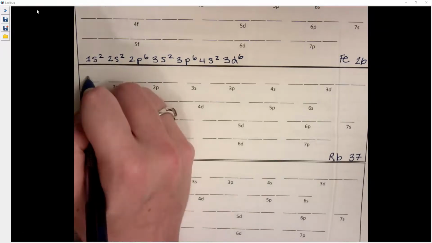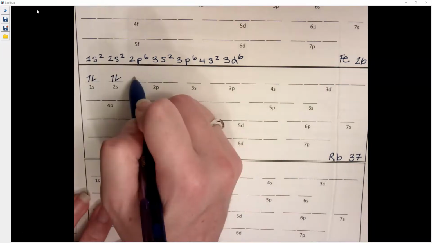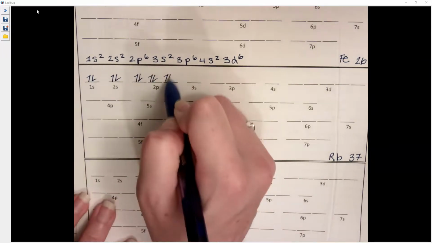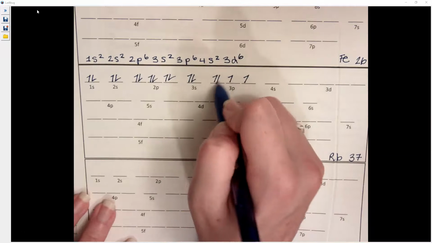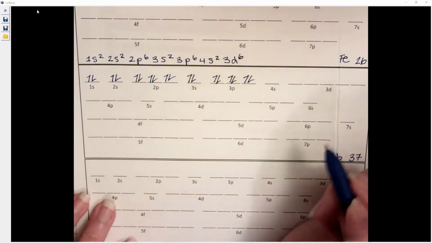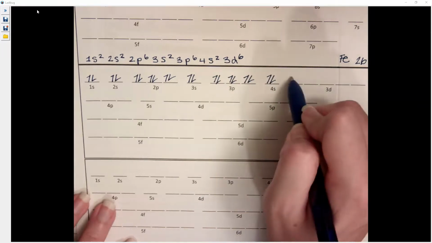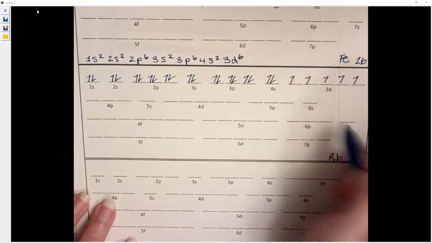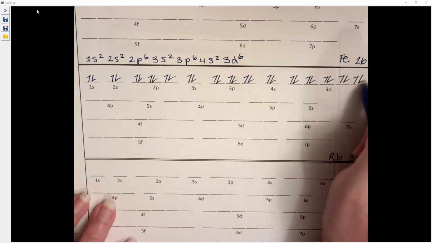All right, here we go. 1, 2, 3, 4, 5, 6, 7, 8, 9, 10, 11, 12, 13, 14, 15, 16, 17, 18, 19, 20. Careful, d orbitals. 21, 22, 23, 24, 25, 26, 27, 28, 29, 30.